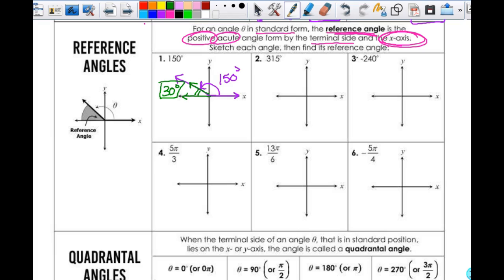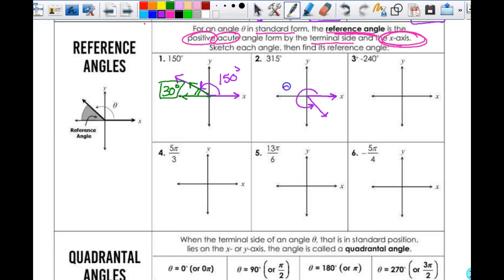Okay, so 315, what quadrant would I be in? Fourth quadrant, right? So I'm starting here, I'm going all the way around, and how much more do I have to go to get to 360? 45, right? So that means it's halfway through here, like so.